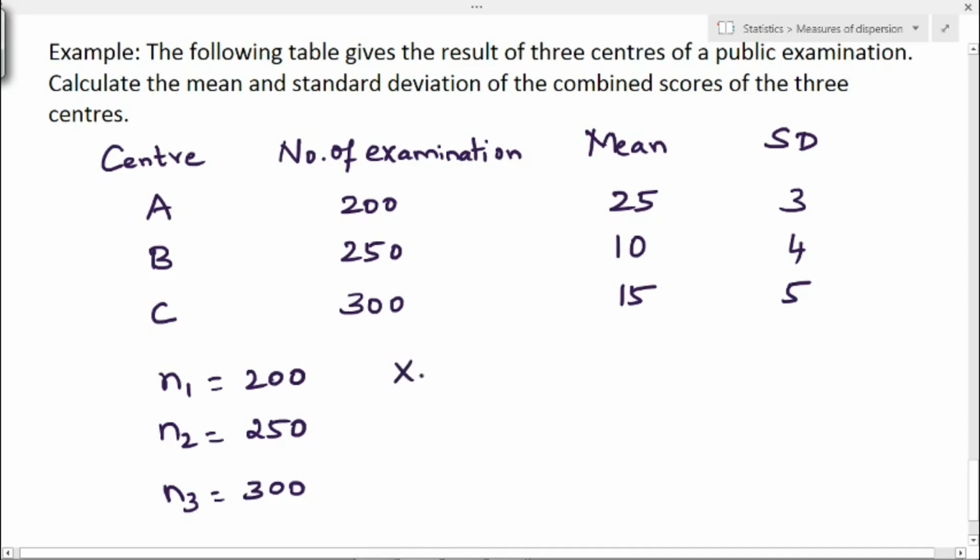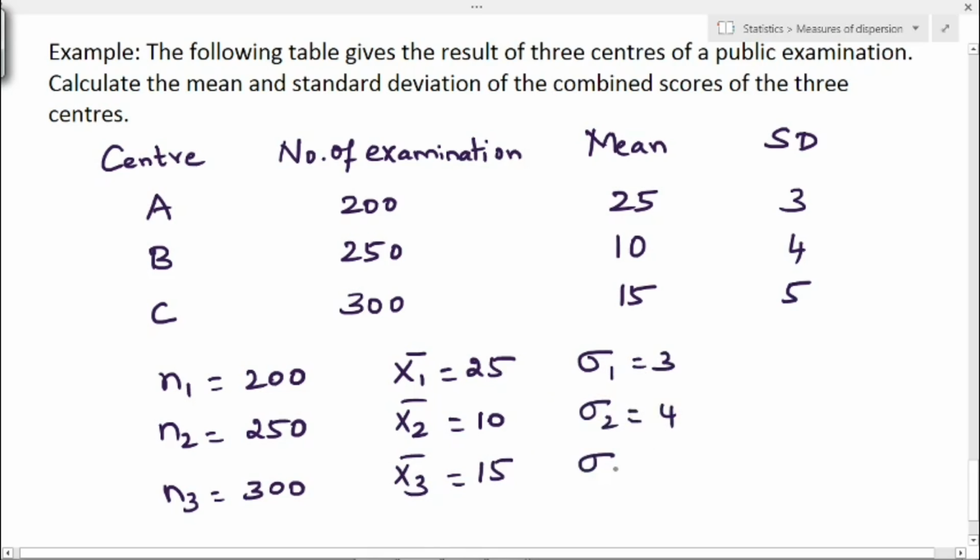Next, the mean values of the groups: x1 bar is 25, x2 bar is 10, and x3 bar, the third mean value, is 15. The standard deviations are given: sigma 1 is 3, sigma 2 is 4, and sigma 3 is 5.